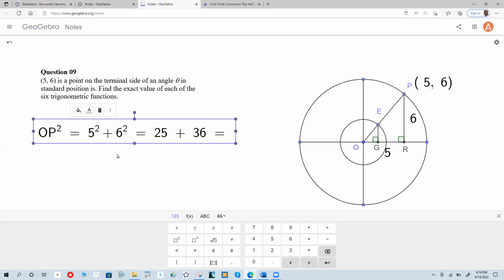When you add them up, you get 61. 25 plus 36 is 61.